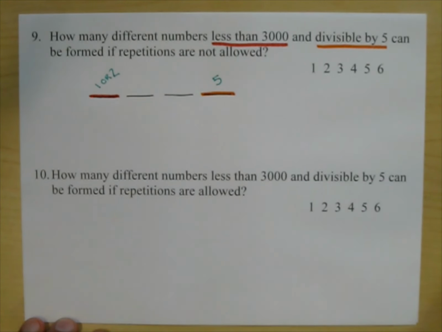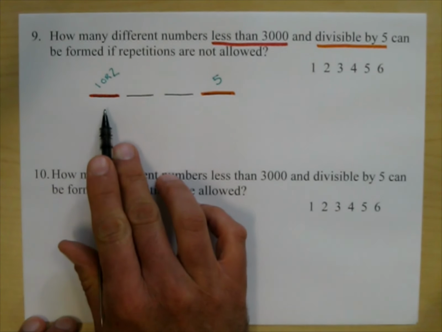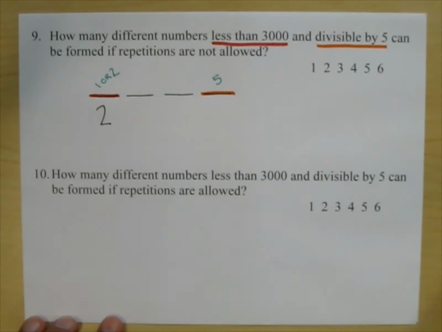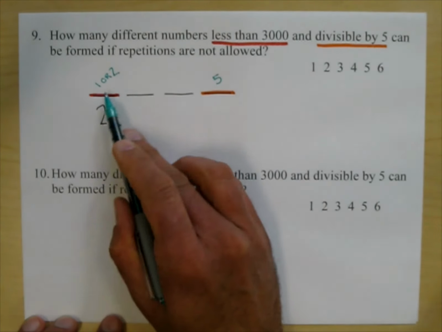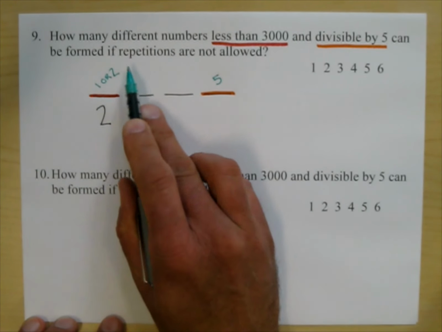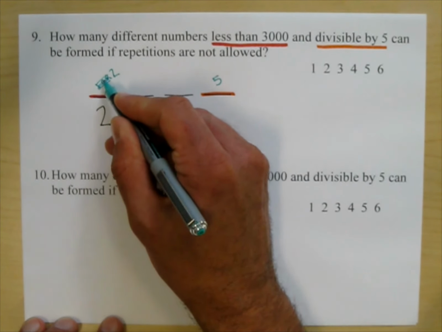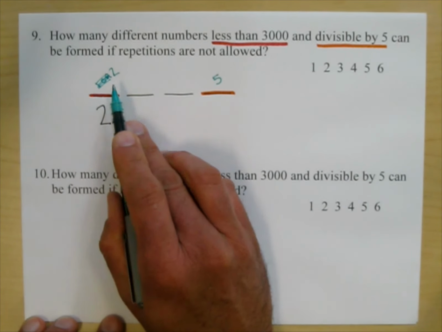We do our restrictions first. So how many choices do I have for this slot right here? I have 2 choices. And so I guess I better pick one of these because reps are not allowed, so I'll pick the 2. I'll put a 2 there.